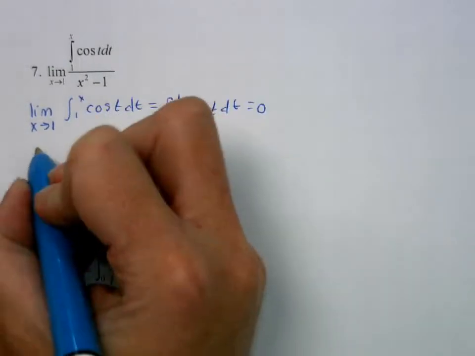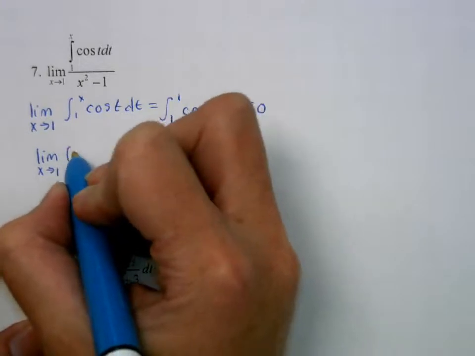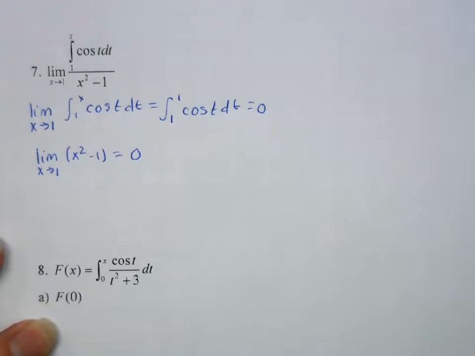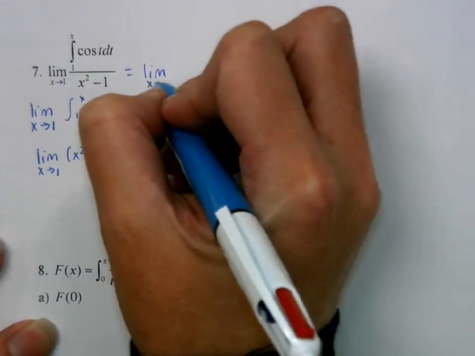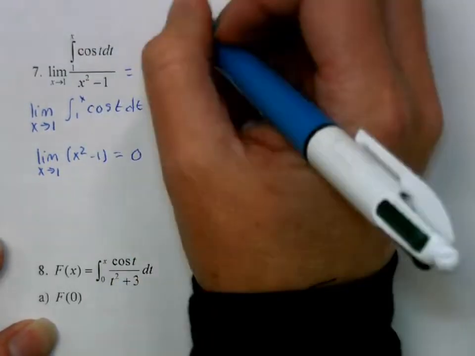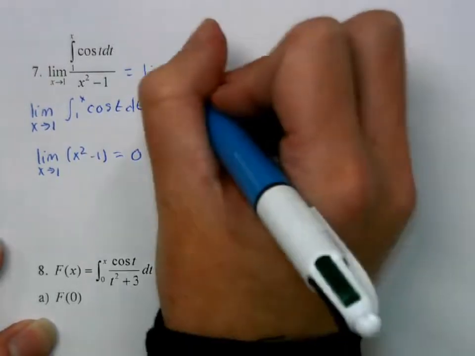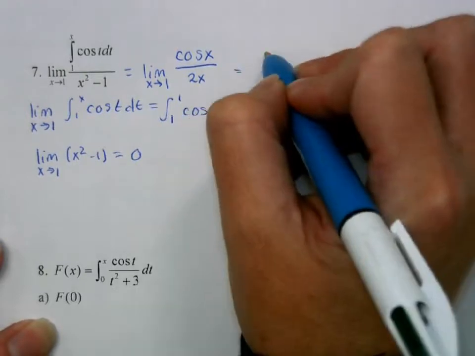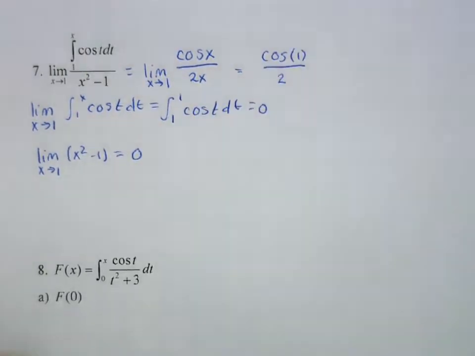The limit as x goes to 1 of the bottom is going to be 1 squared minus 1, which is also 0, which means we have L'Hopital's rule. So now we're going to take the derivative of the top, which is the first fundamental rule, which is going to be just cosine of x, over the bottom, which is 2x, and then we'll plug in 1. So that'll be cosine of 1 over 2, which is as far as we can go there.